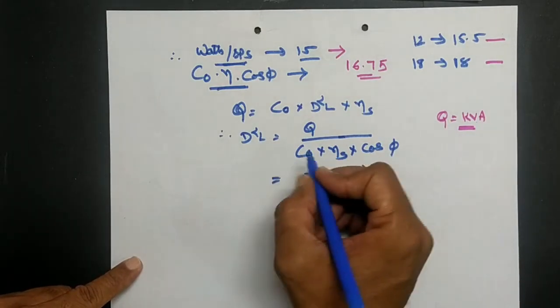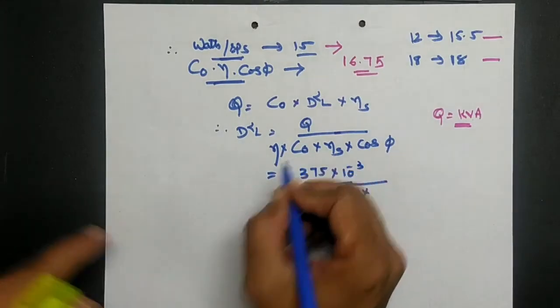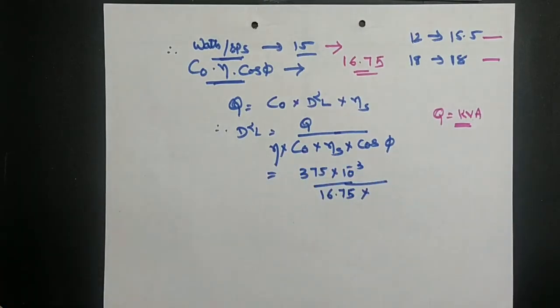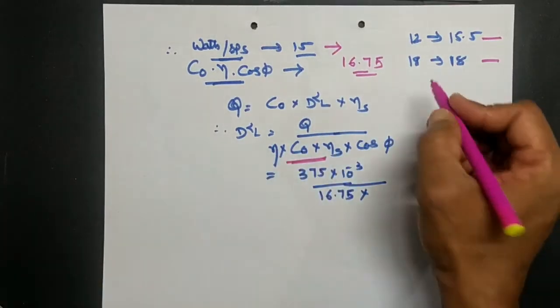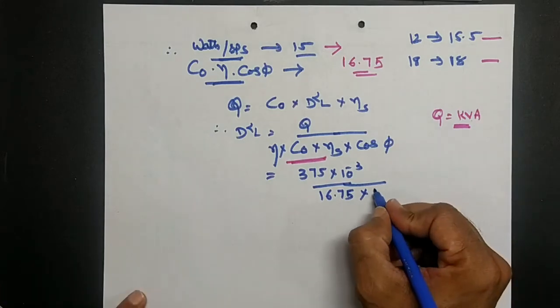We need to take efficiency also. So for the value 16.75 we have considered the efficiency, and that is 25.